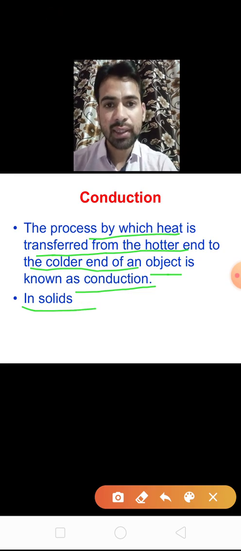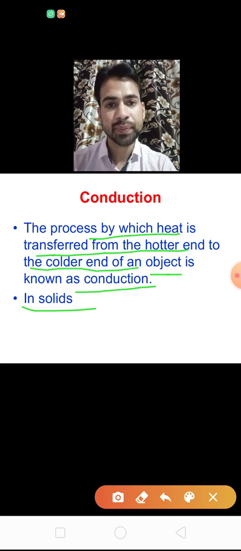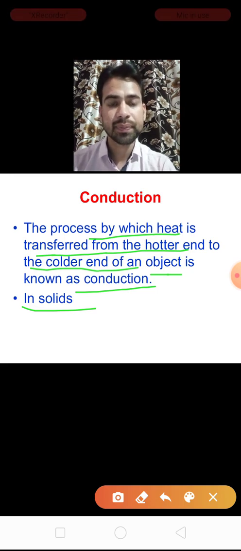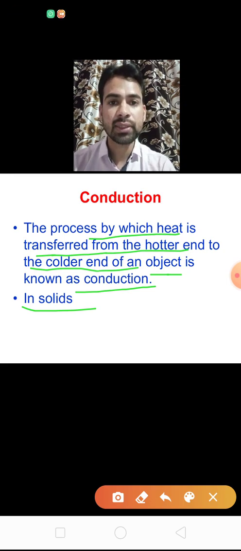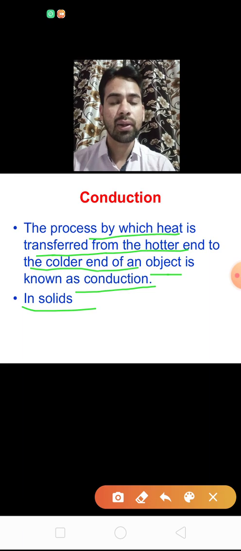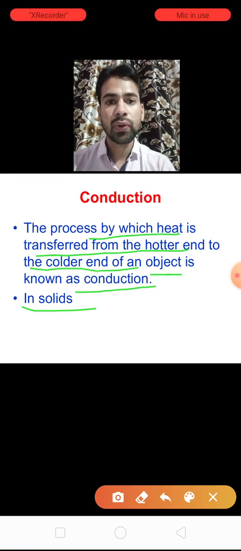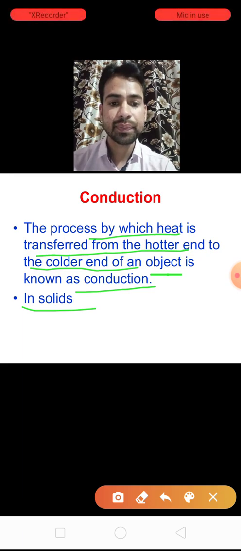In solid things, the transfer of heat occurs by conduction. I repeat once again, conduction is the process of heat transfer in which heat is transferred from the hotter region to the colder region in solids. Clear?